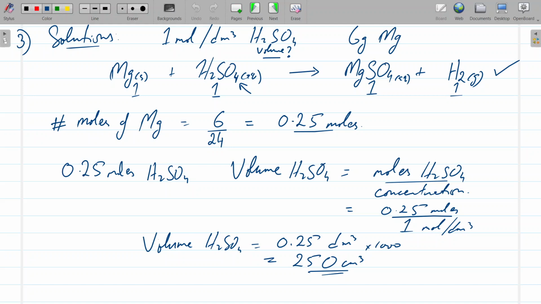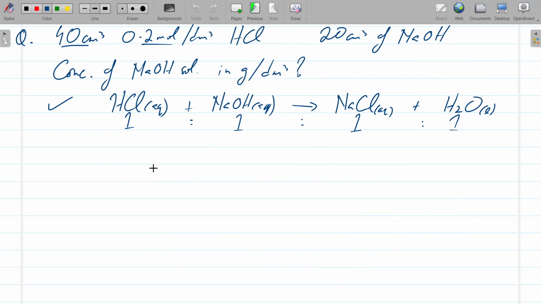So we know that 40 centimeter cube of the hydrochloric acid of this concentration, 40 cm cube of 0.2 moles per decimeter cube. So that's the concentration. That is the hydrochloric acid we used. So the question is, how many moles were there?